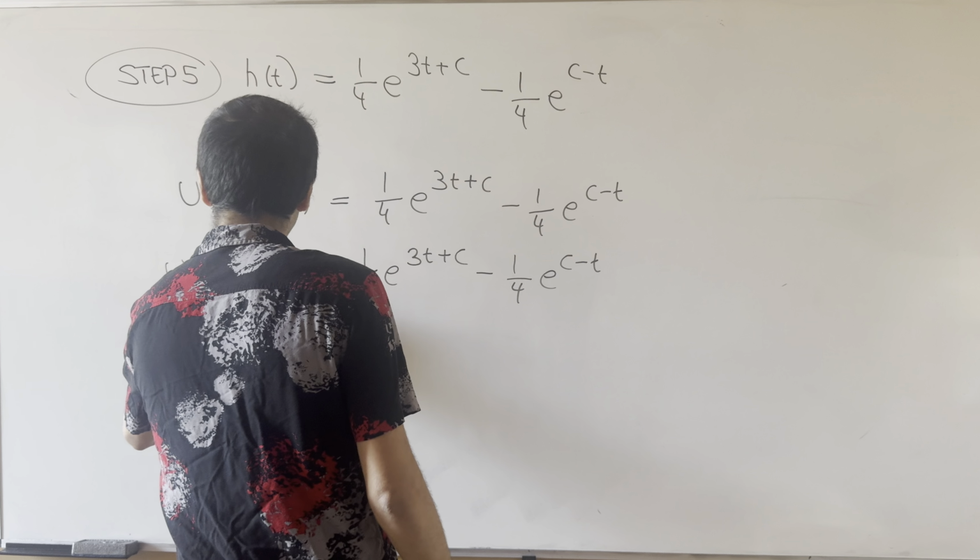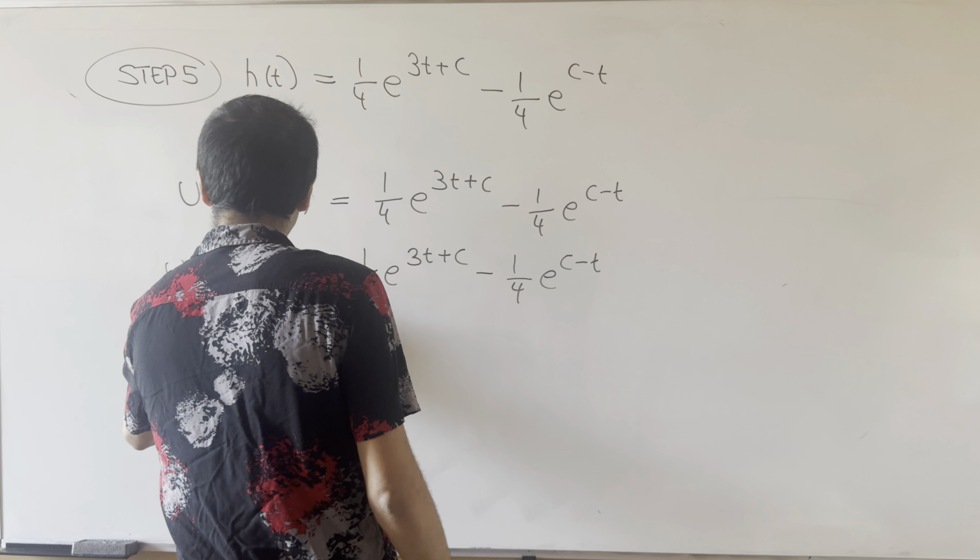So step 6, let x be t plus c. So in this case, c is x minus t. And then what we end up getting is u of x comma t is u of t plus c comma t. And that becomes 1/4 e of 3t plus c. In other words, 3t plus x minus t. And then minus 1/4 e of x minus t minus t.